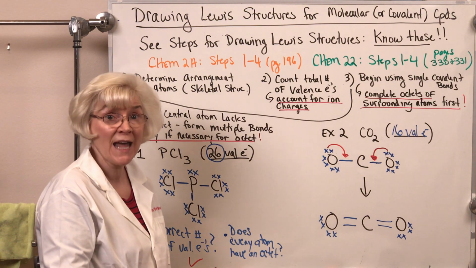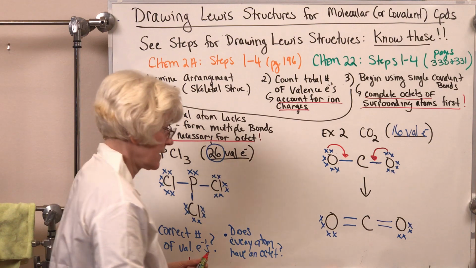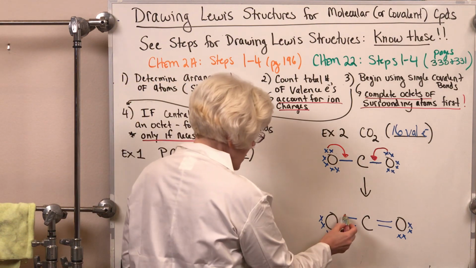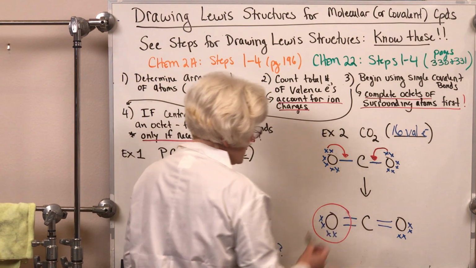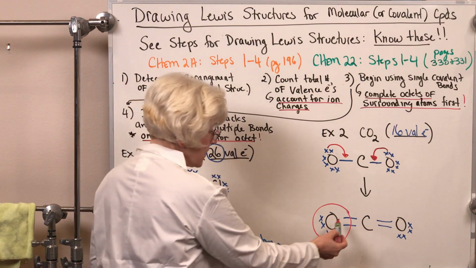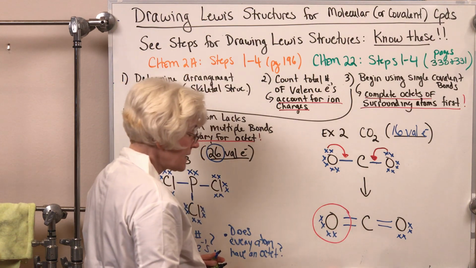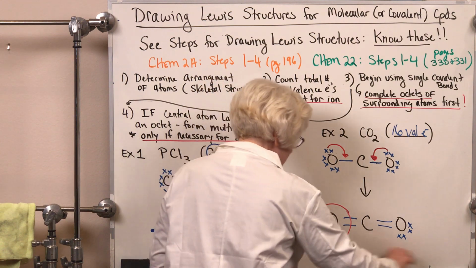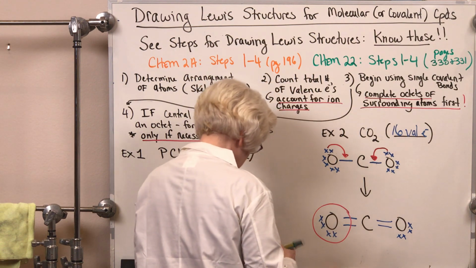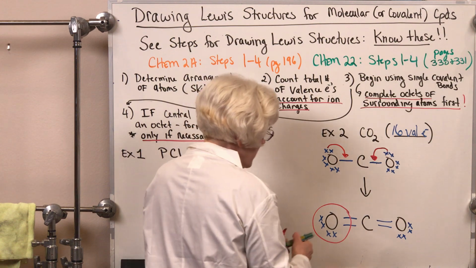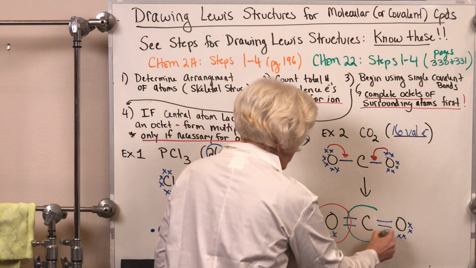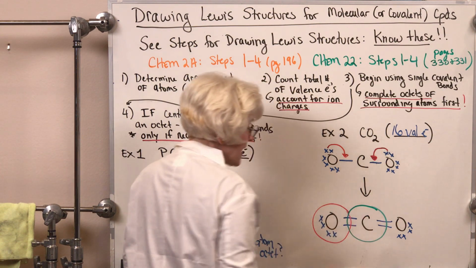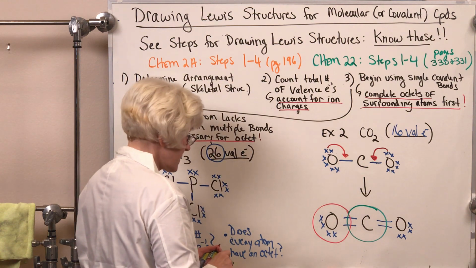And does every atom have an octet? So doing a quick check here, I see this oxygen atom within the circle, 2, 4, 6, 8 electrons. Looking at the carbon atom and counting electrons around the carbon, I see a total of 2, 4, 6, 8 valence electrons.